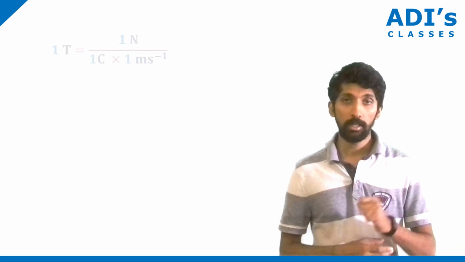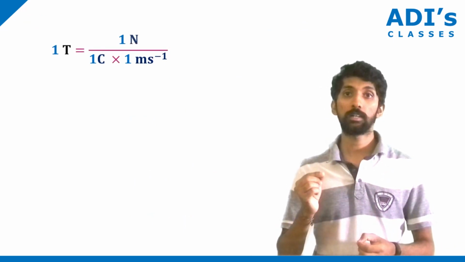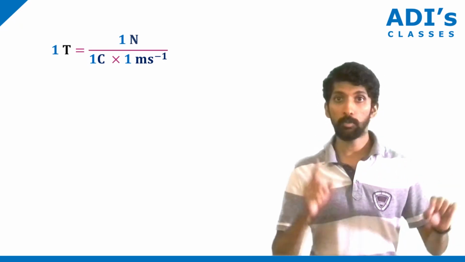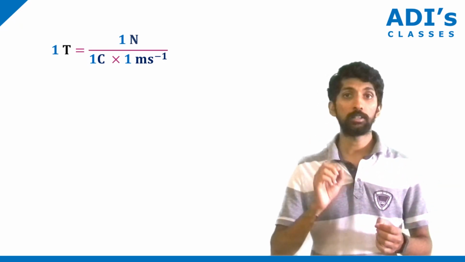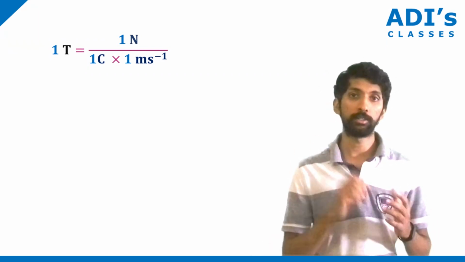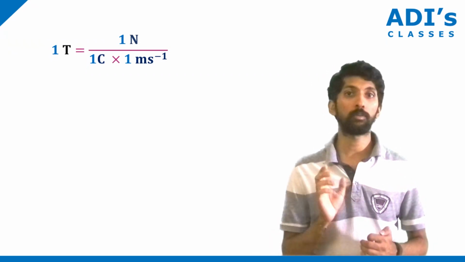In other words, if 1 Tesla is the magnetic field, that means the charge has 1 Coulomb, it's moving with a velocity of 1 meter per second, and the force exerted on the charge is 1 Newton. Alright, so here 1 Tesla is actually a very big quantity.